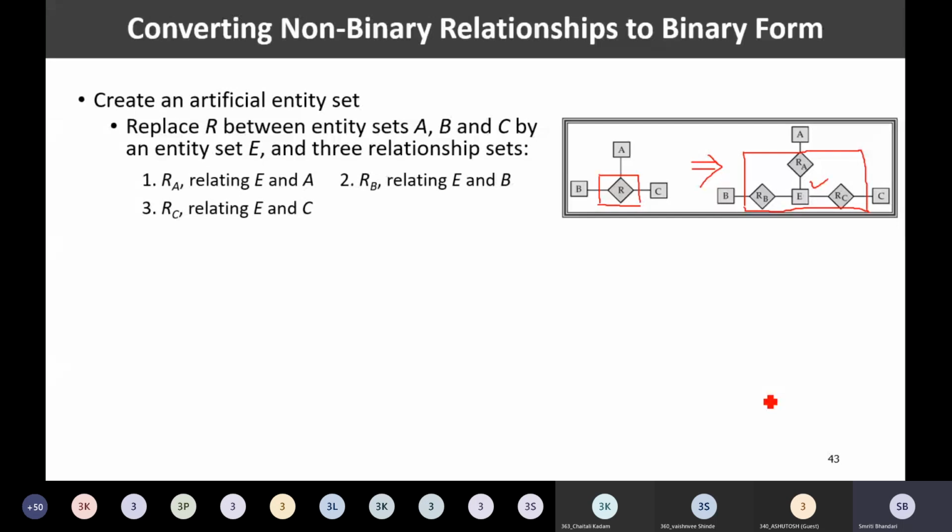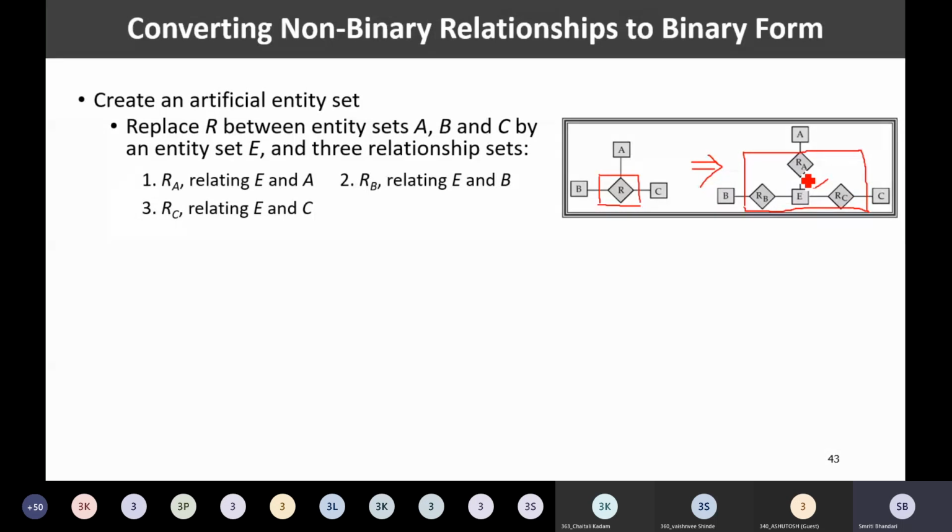Now what next? I'll be having this new entity set E along with three binary relationships, RA, RB and RC.